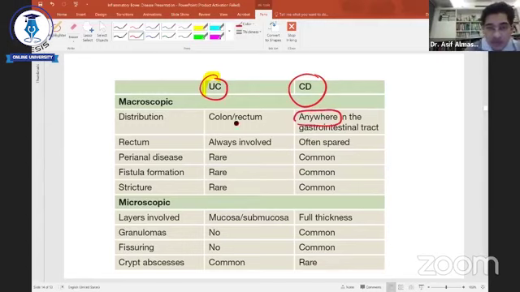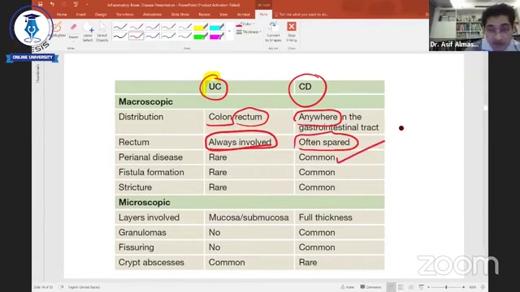But ulcerative colitis mostly involves the rectum and then the colon. In ulcerative colitis, the rectum is always involved, and in Crohn's disease, it's often spared. Perianal disease is very common in Crohn's disease, but in ulcerative colitis, it's rare. Fistula formation, very common. Stricture, very common in Crohn's disease.